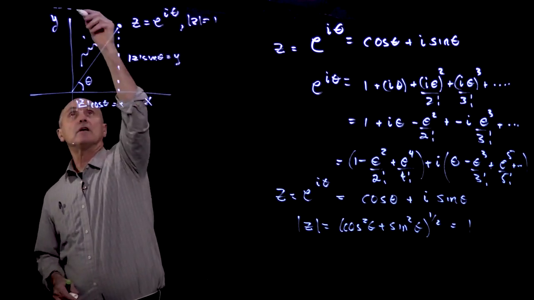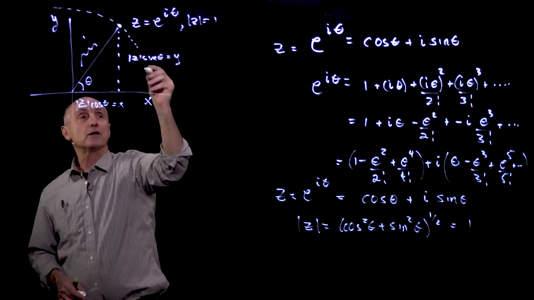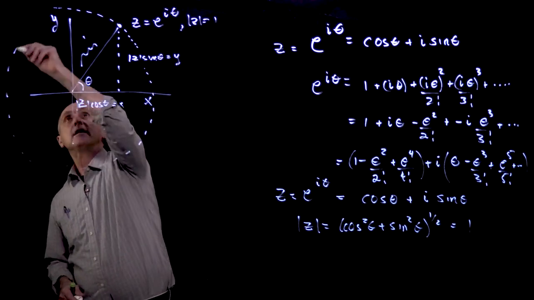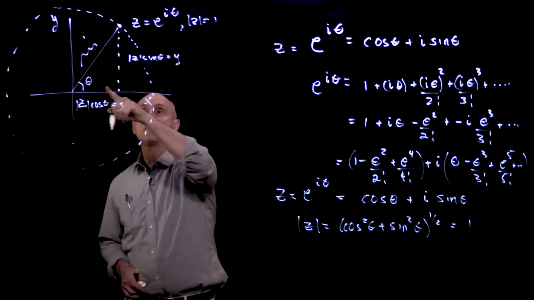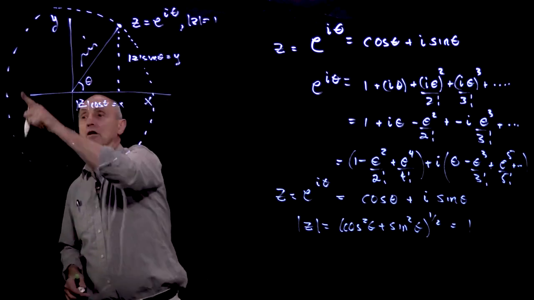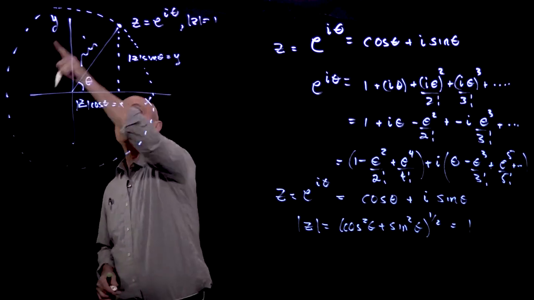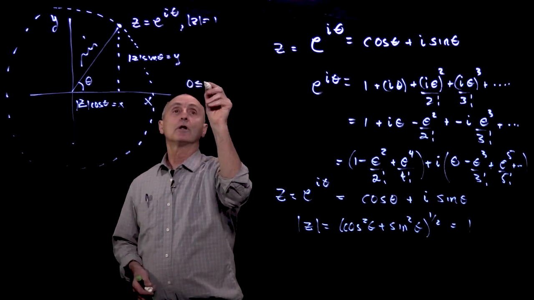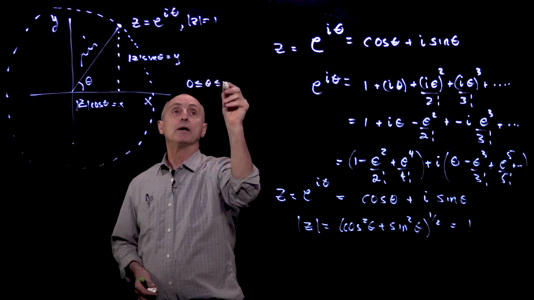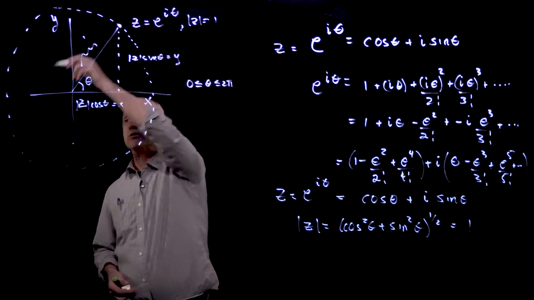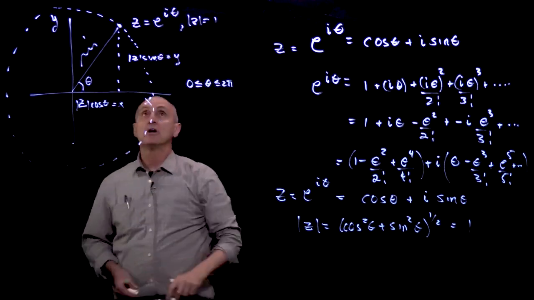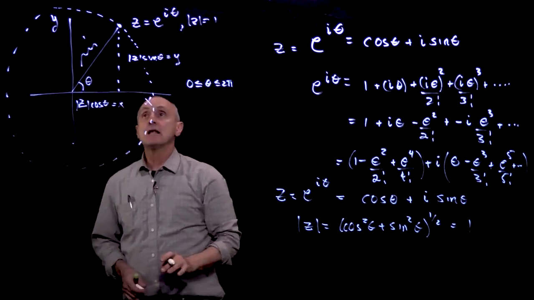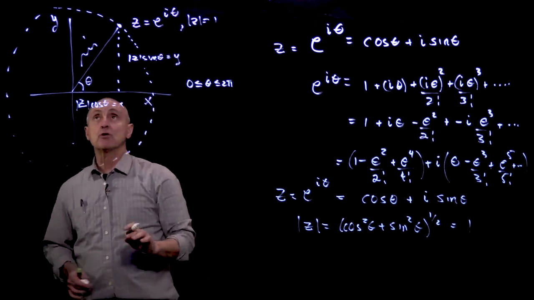And what we have here is, if you think about it, if we have the unit circle in the complex plane, depending on the angle theta, our complex number z can be anywhere on this plane when we restrict theta between 0 and 2 pi. Of course, theta can be greater than 2 pi, and we would just have a double value for any value of theta.